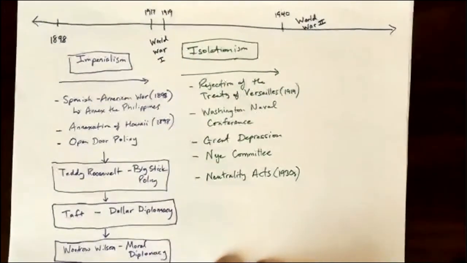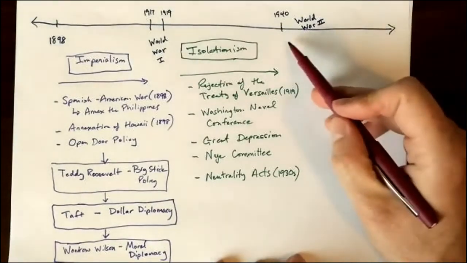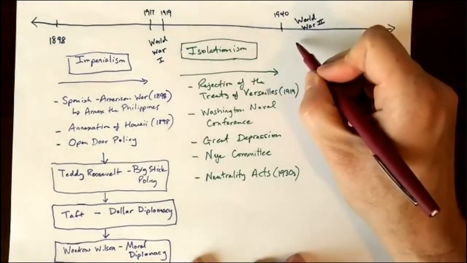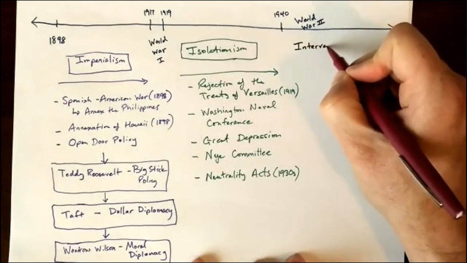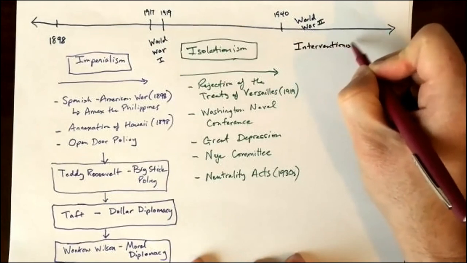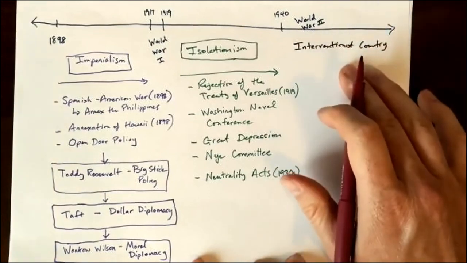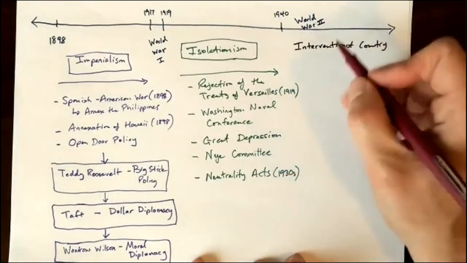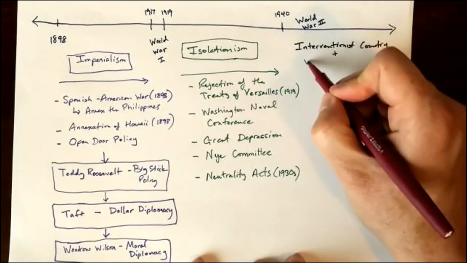Now, FDR, our president, had been pushing for us to get more involved for a while, and now America and public opinion starts to finally turn towards doing something about this. So we see, starting in 1940, America become an interventionist country, meaning we're now going to get involved in world affairs, and we see America emerging as a world power.